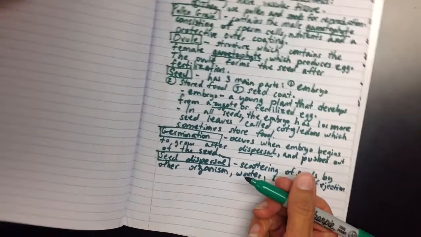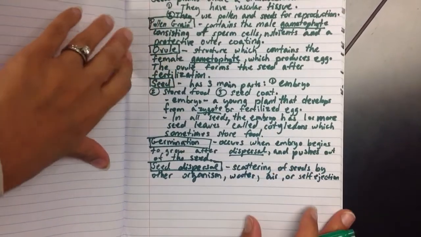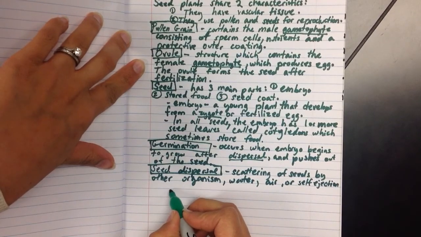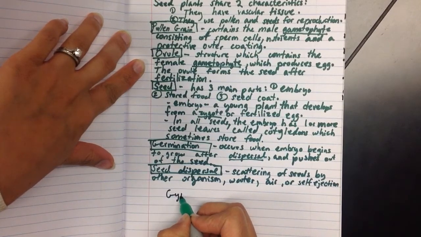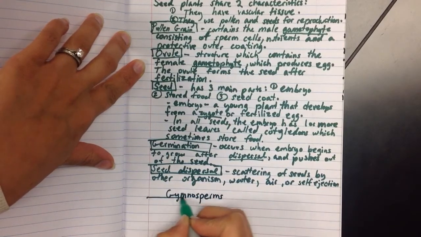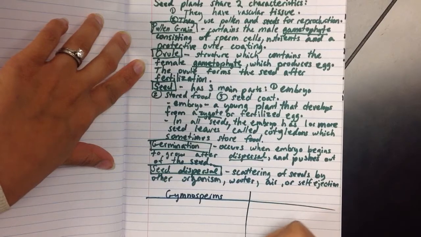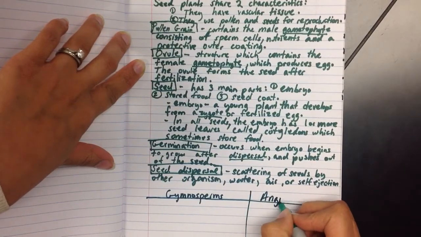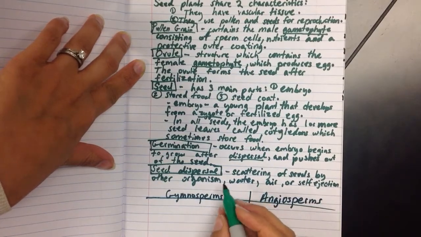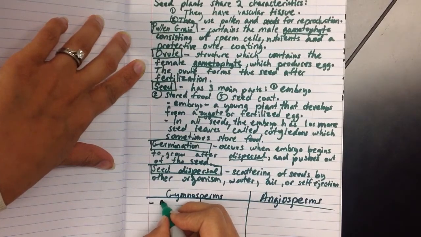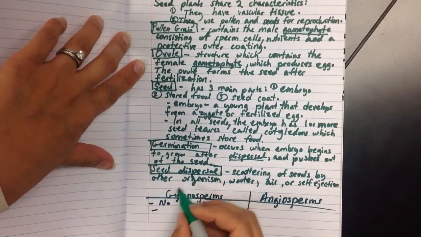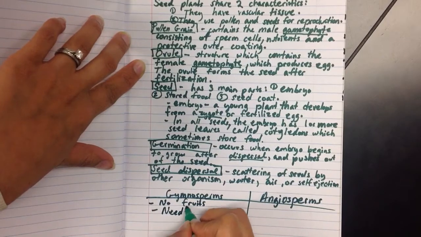So we classify seed plants into two categories, and these are our Gymnosperms and our Angiosperms. Gymnosperms have no fruits. They have needle-like leaves.